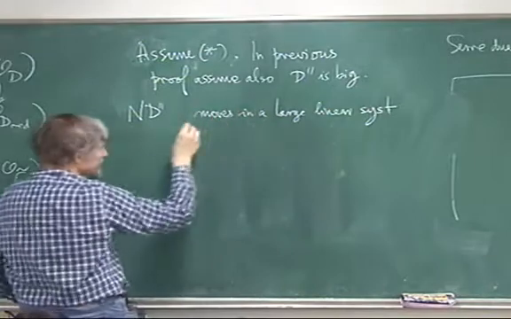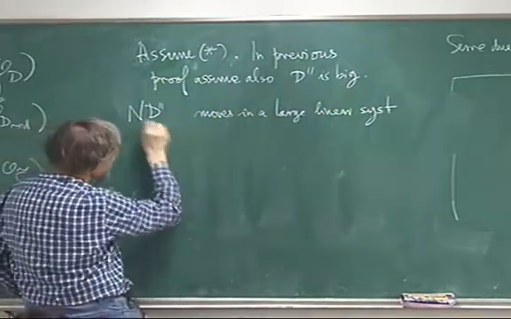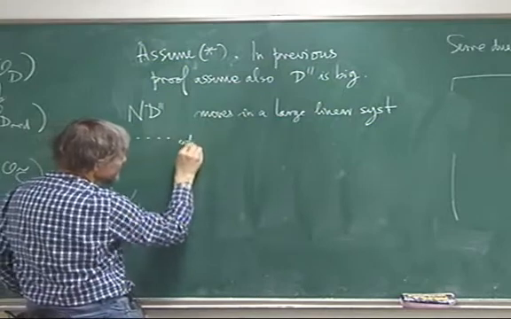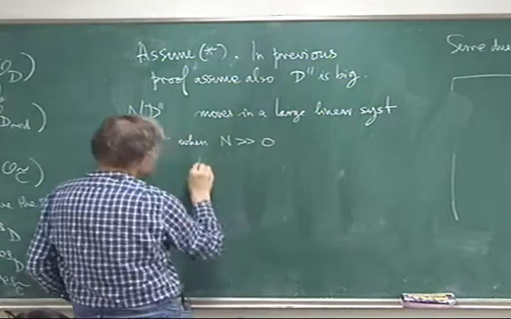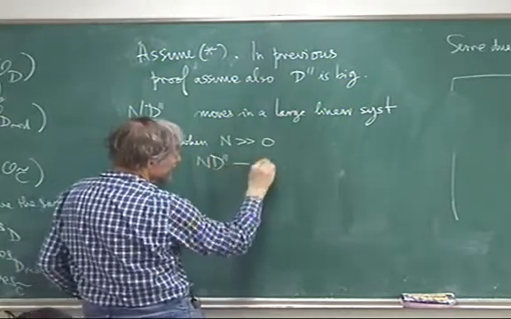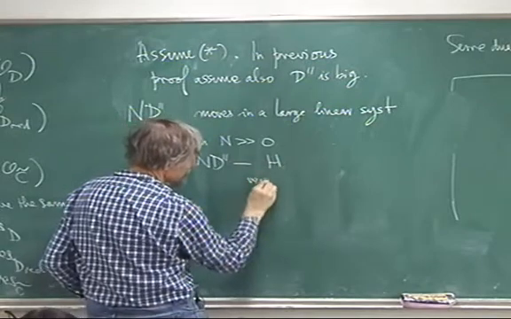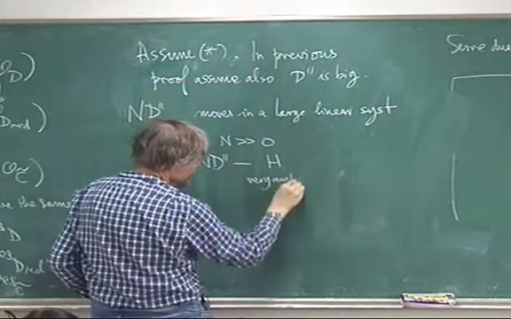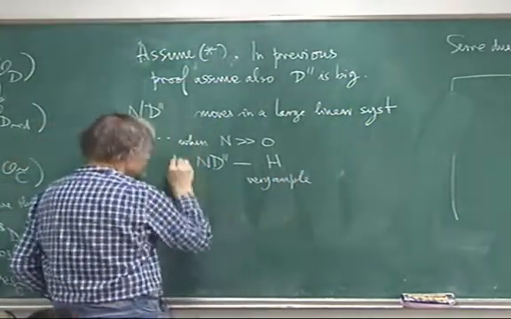Right, and so in particular, eventually, when n is large, n D double prime minus H, some chosen very ample divisor, or even a chosen large multiple of a very ample divisor, is effective.